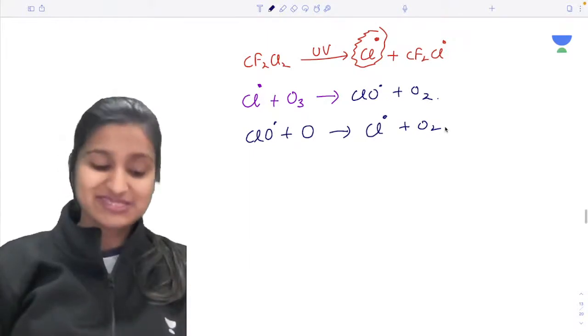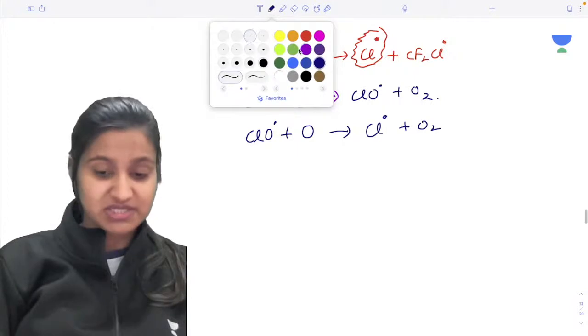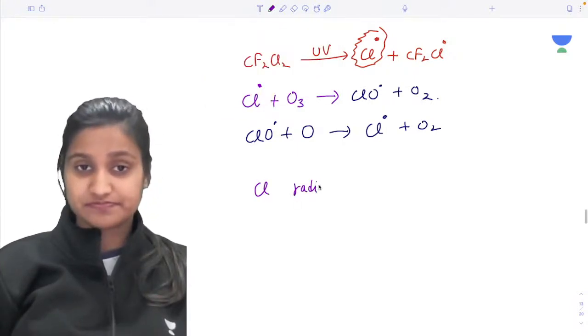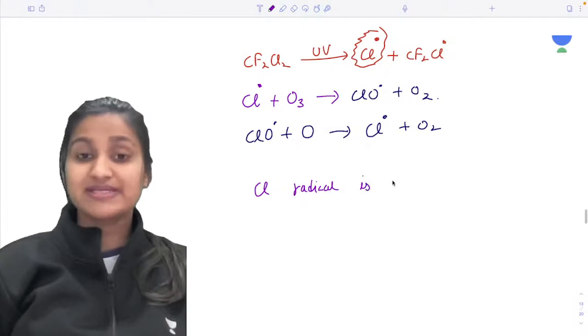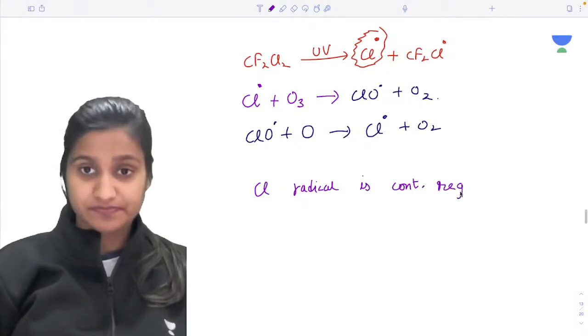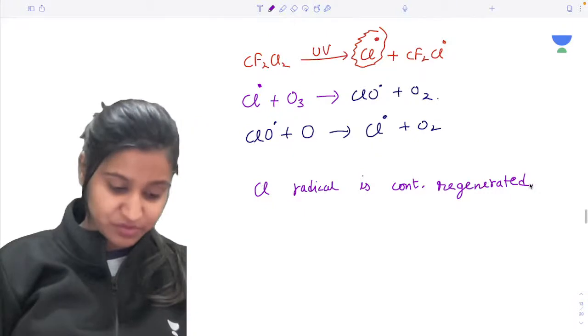So in this way, this chlorine radical is continuously regenerated. Okay.